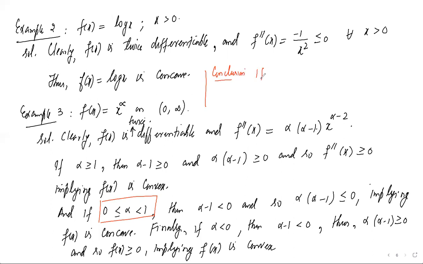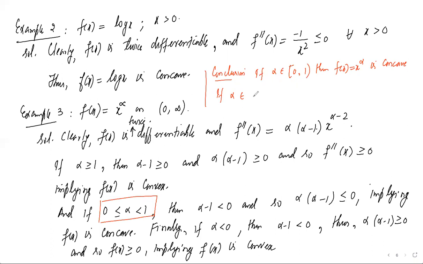Conclusion: if alpha belongs to the interval 0 to 1, then f of x equal to x power alpha is concave. And if alpha equal to 0 also, then we also have the function even convex.